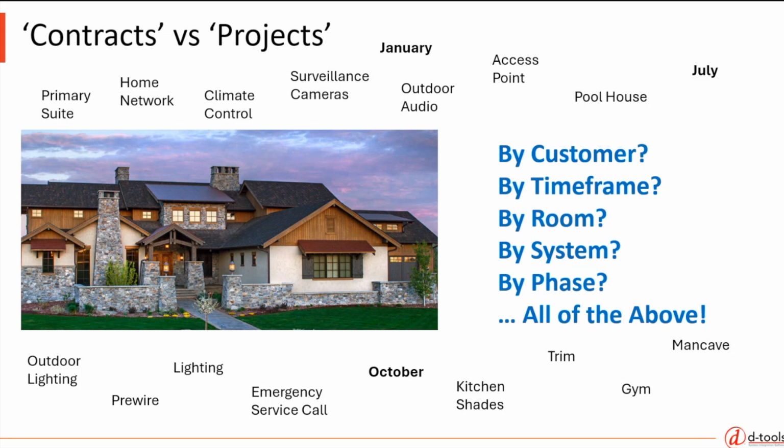It could be as simple as the pre-wire was with a builder and the rest of it was with the homeowner who was buying the home. That's the same project, but in D-Tools, that is two separate contracts, and we are only looking at the contracts. There are some integrators also that we see that are doing individual contracts by room, by system, and by phase.